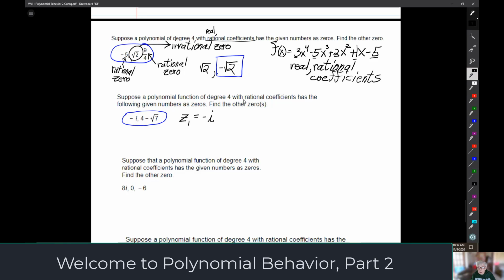So for there to be rational coefficients, normal kinds of numbers like this, on the polynomial that we're going to build, this complex number has got to be accompanied by its conjugate.